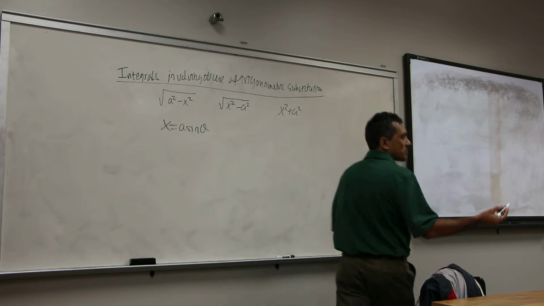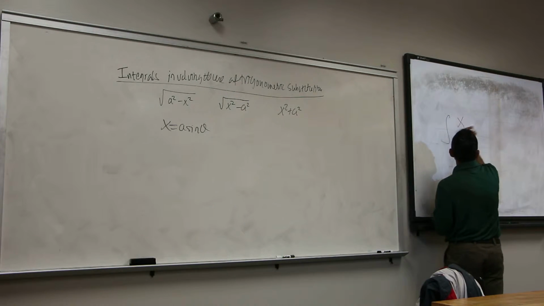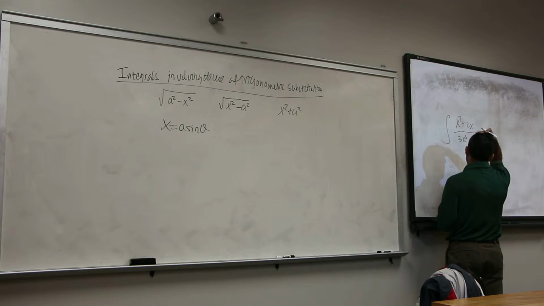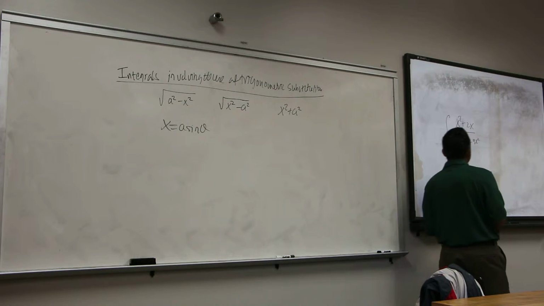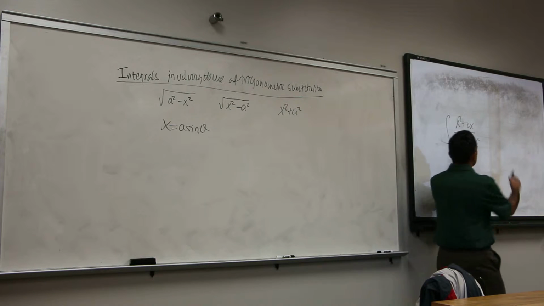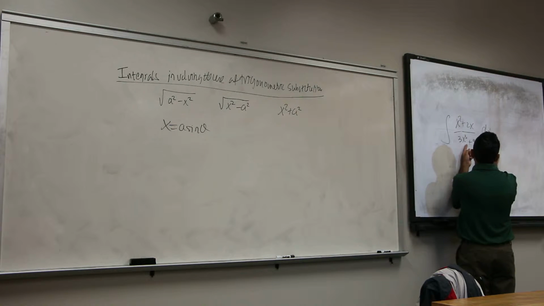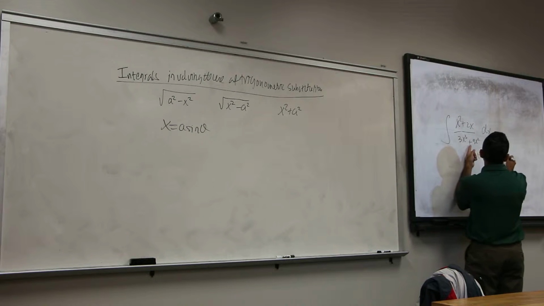That is to say, when you have something like this, you are going to make a substitution here. u is equal to 3x cubed plus 9x squared.